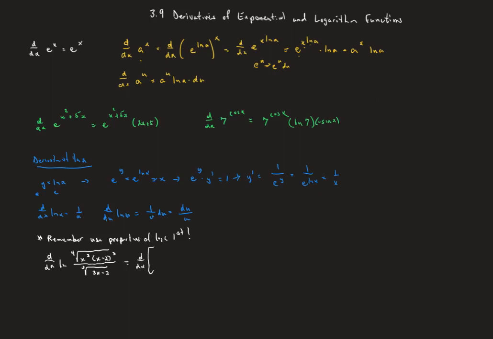So we know the log of a quotient is the difference of the logarithms. So that's going to be the log of the numerator, which I'm going to write as x to the third times x minus 2. I don't really want to make those both 3. I'm going to change that second one to a 2.